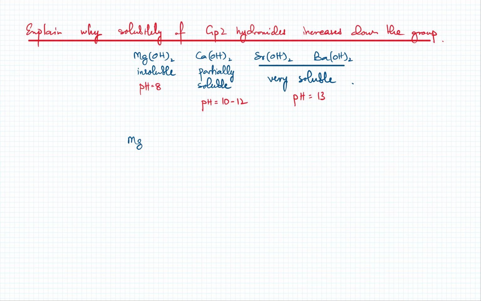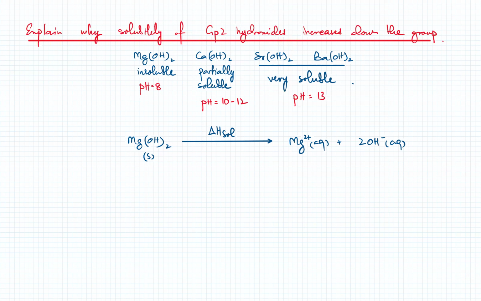If I have magnesium hydroxide and I draw the cycle very quickly, you've got a solid and it turns into aqueous ions. So it will form Mg2+ aqueous and 2 OH- aqueous ions. That's your enthalpy of solution. This time the enthalpy of solution is going to become more exothermic down the group.